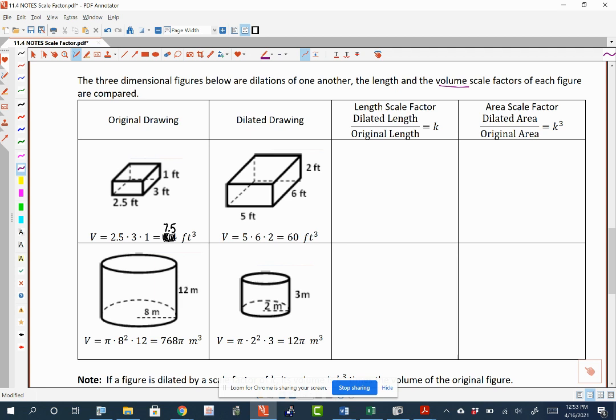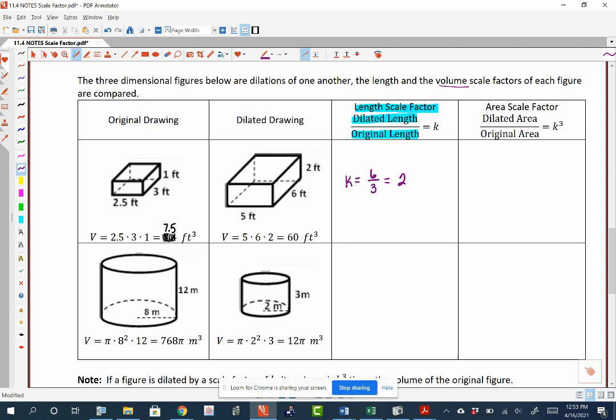Let's do a similar thing to the front side, and start with the length of our dilated and our original. It doesn't matter which length I choose, I just want to make sure I have corresponding lengths. If I take from my dilated the length 6, it corresponds to 3. So my scale factor is 2.